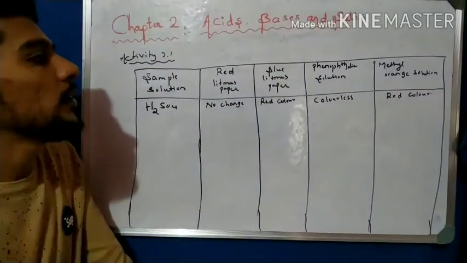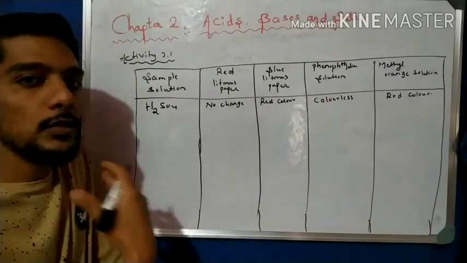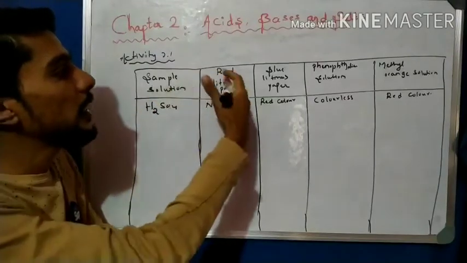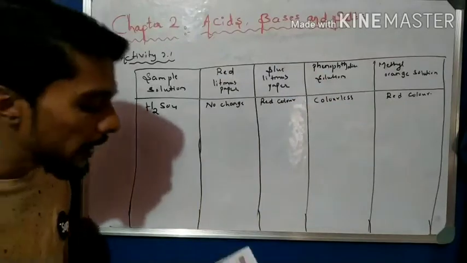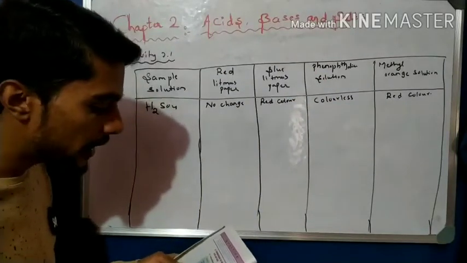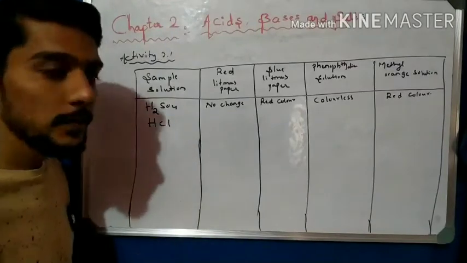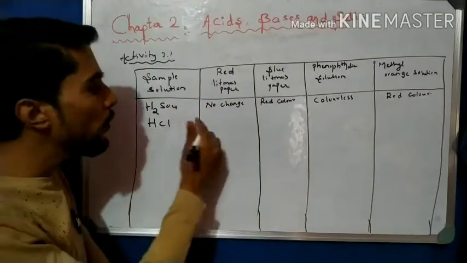This is the classification. In the examination they give substances and ask you to classify them using indicators. So you have to use the indicators: red and blue litmus paper, phenolphthalein and methyl orange. Next, take another substance, hydrochloric acid, again an acid. Red litmus paper dipped into the acid shows no change.